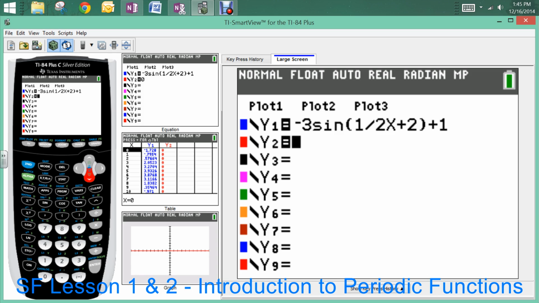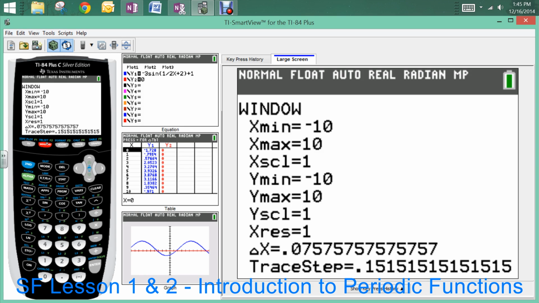Now keep in mind, for the x-intercepts, it wants the x-intercepts between something and something else. So I push window, and my question, this is the one we were working on yesterday, it's from -10 to 10. So I put those in for my x's. Now, in all honesty, the y's don't matter. I could put the max and the min for the y max and the y min.